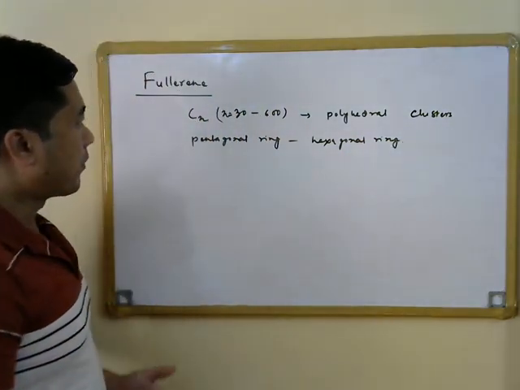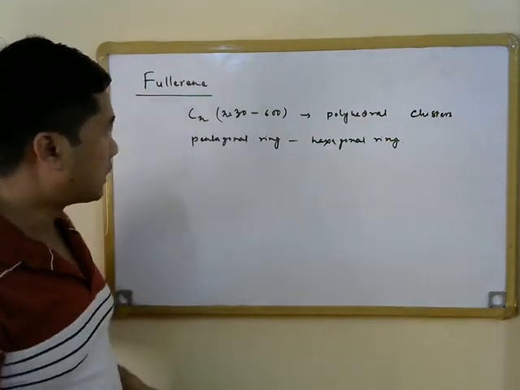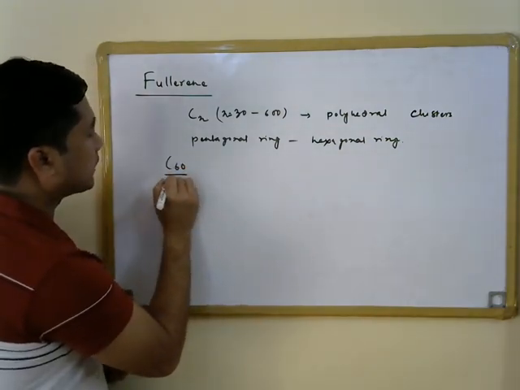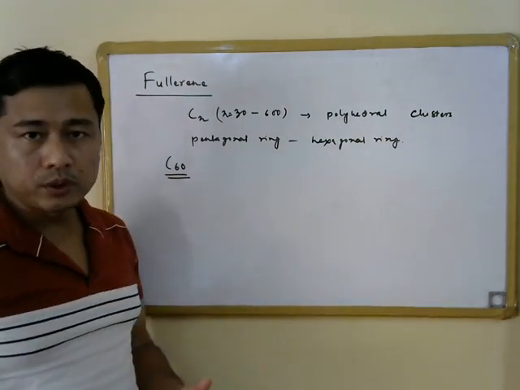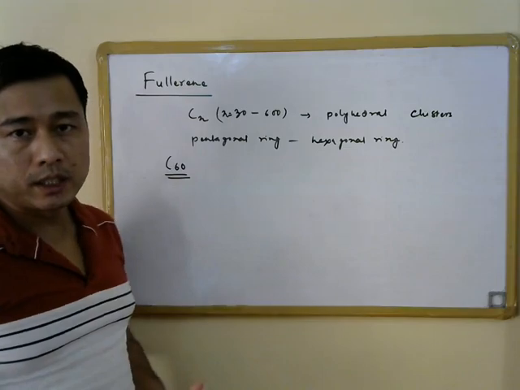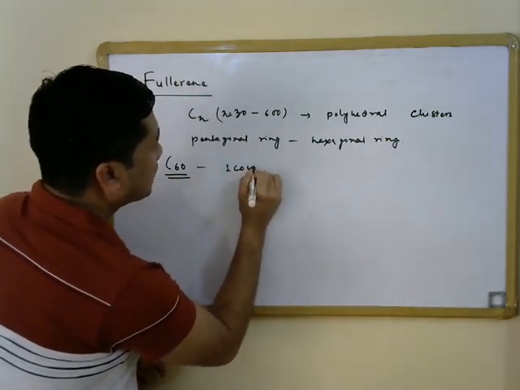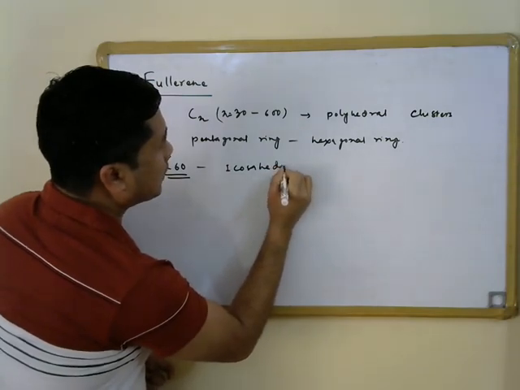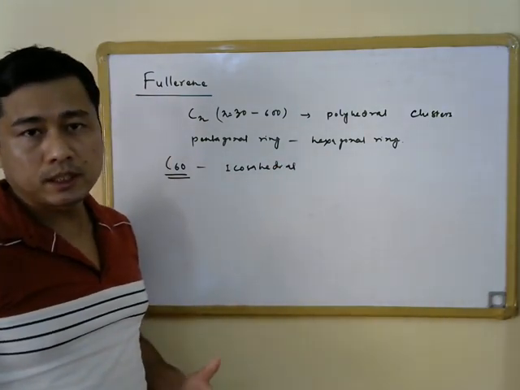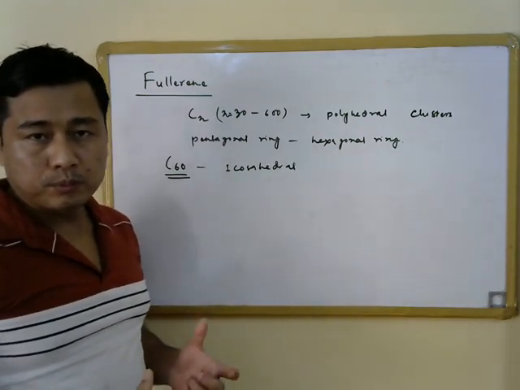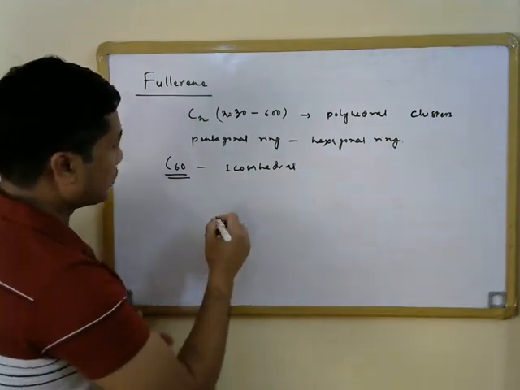The first member of the fullerenes to be discovered was C60, and the structure of this particular molecule is icosahedral in nature. That is, it has icosahedral symmetry, and it resembles the geodesic dome designed by the architect Buckminster Fuller.